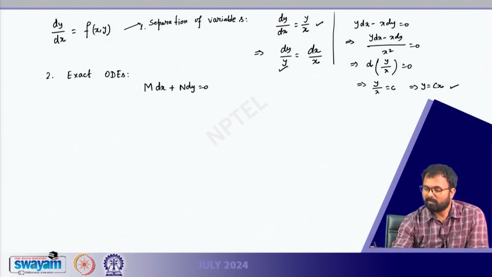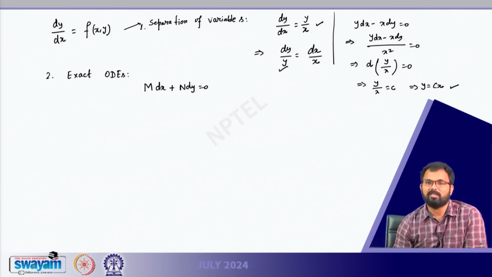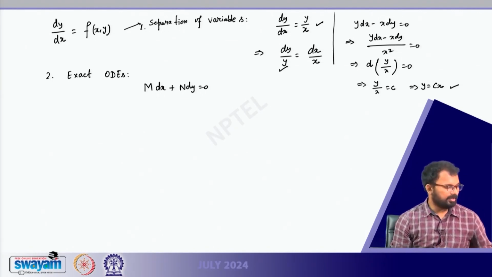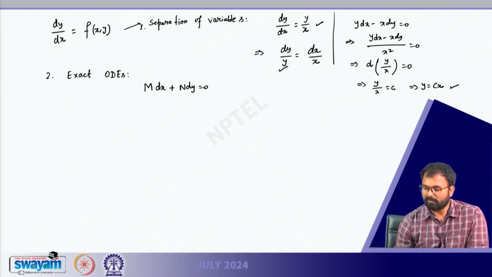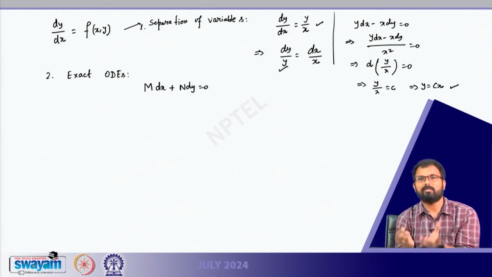So you will get the same solution from here as from the earlier method. The reason we were able to write this as d of (y by x) is that it follows the exactness condition in a way. So here we will write the condition for an exact equation, and then we will say when it can be put into the form of d of something, right.